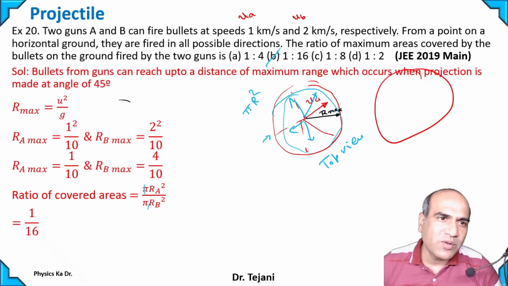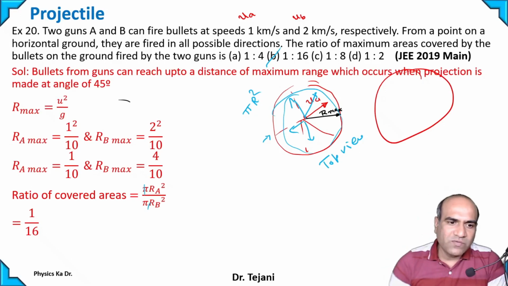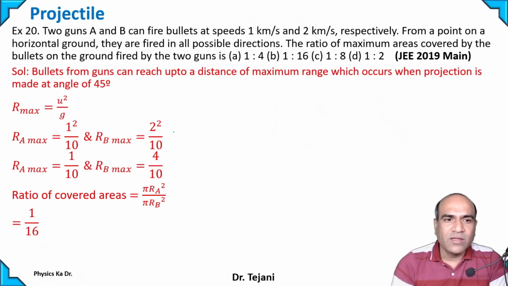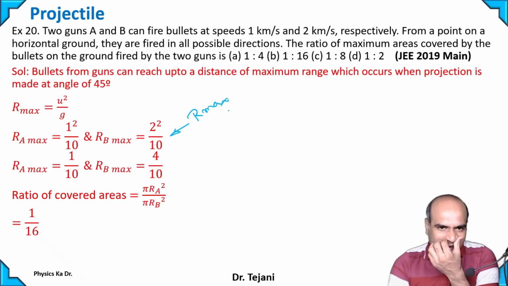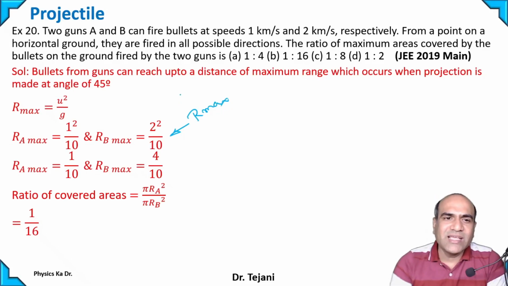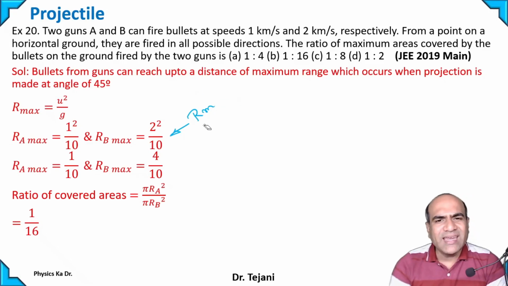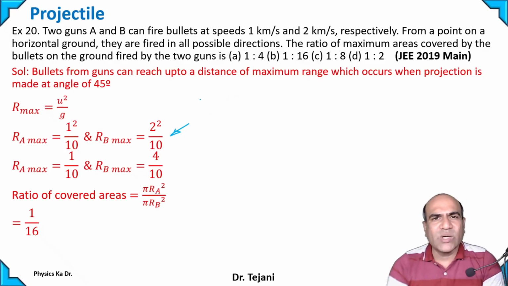See here, in this kind of question you have a lot of chances to make a mistake. The first mistake may occur where you don't take the range as maximum, and you just take any theta. What should be the theta? So the first mistake is there. If you take any angle of theta, in this case also the answer will be the same.